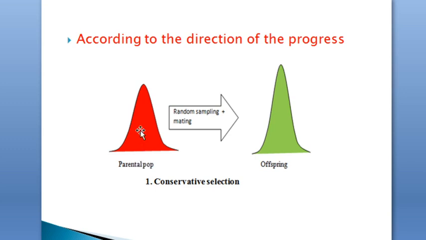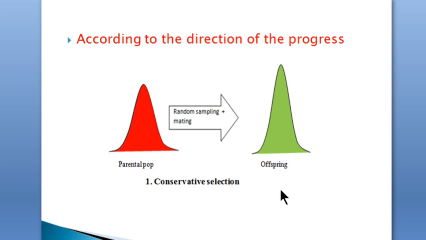In such a situation there is a random sampling of the parental population, and after reproduction or mating we have a population with exactly or almost the same mean and standard deviation as that of the parent, but the amplitude or frequency of individuals increases.